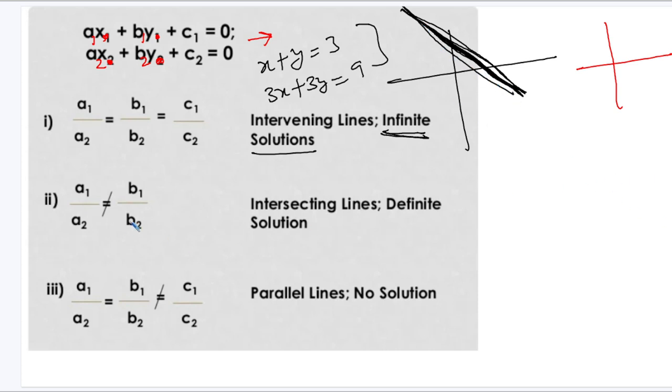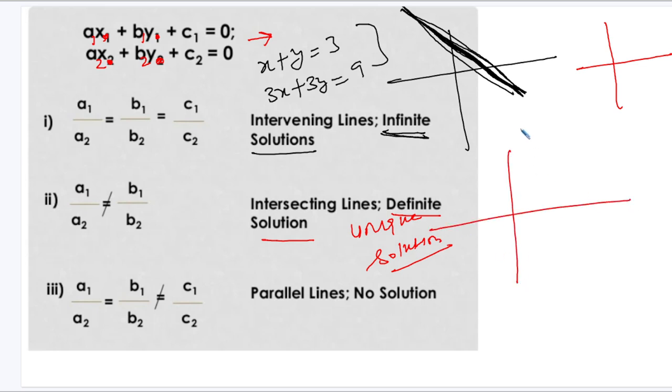Now, the next one is when a1 over a2 is not equal to b1 over b2. In that case, you have a definite, or you can say a unique solution. What is the meaning of a unique solution? It means when you draw, the lines will cut at just one point. You have one solution. The lines will cut at a point when you draw these two lines in the coordinate plane.